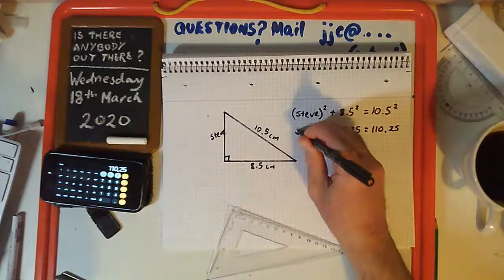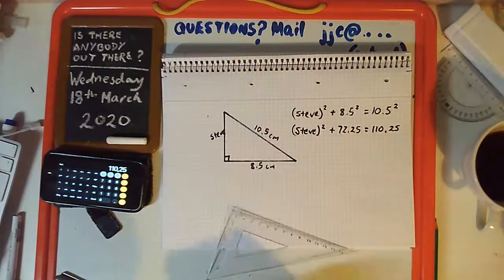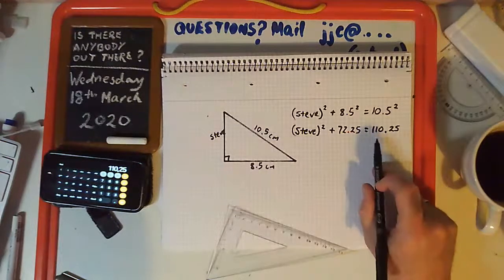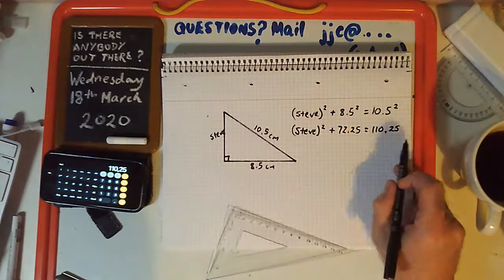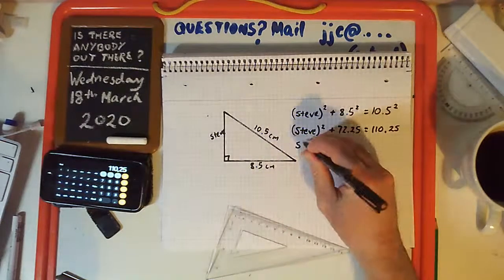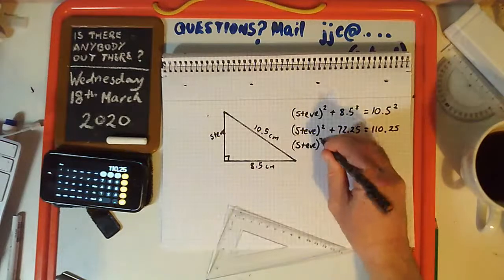So Steve squared plus 72.25 equals 110.25. So I'd like to get this bit on its own, the bit that is the unknown side, Steve.